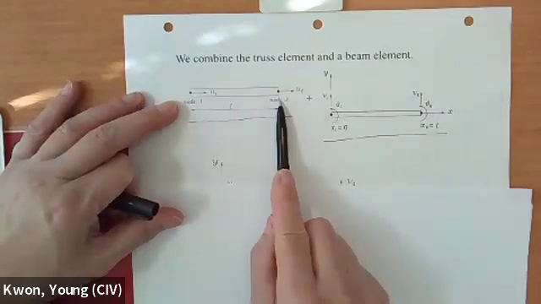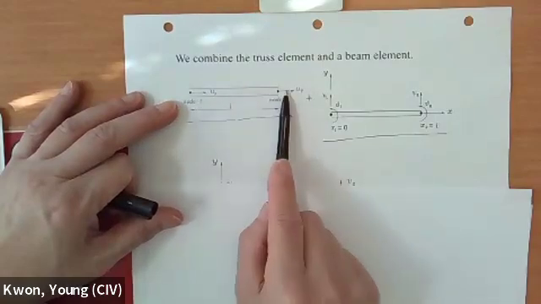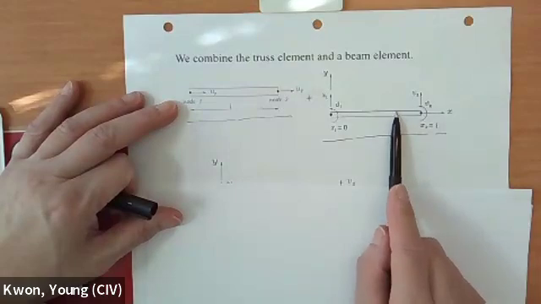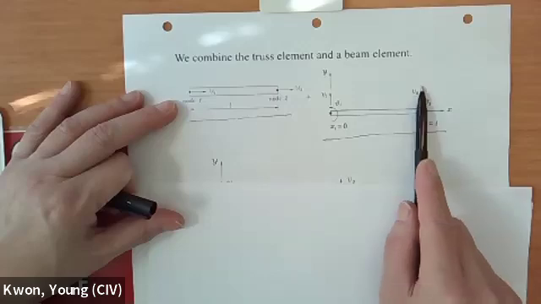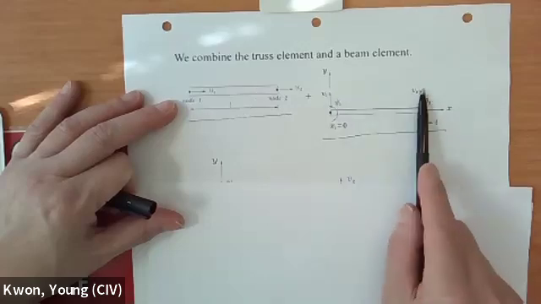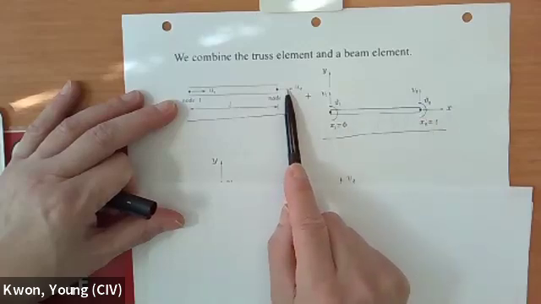The thrust element has displacement along the axial direction, and the beam element has displacement in the transverse direction as well as slope. That means it represents the shear force and bending moment, and the other represents basically the axial force.